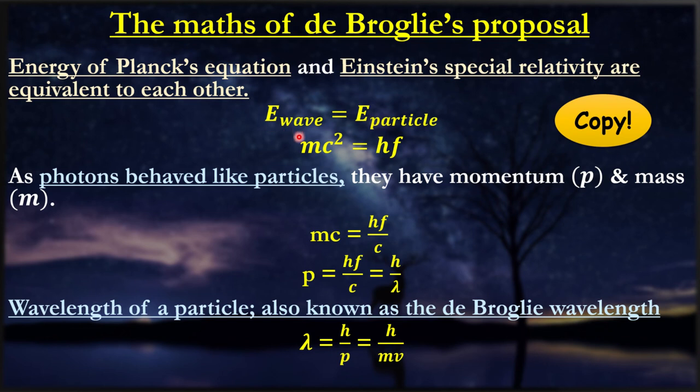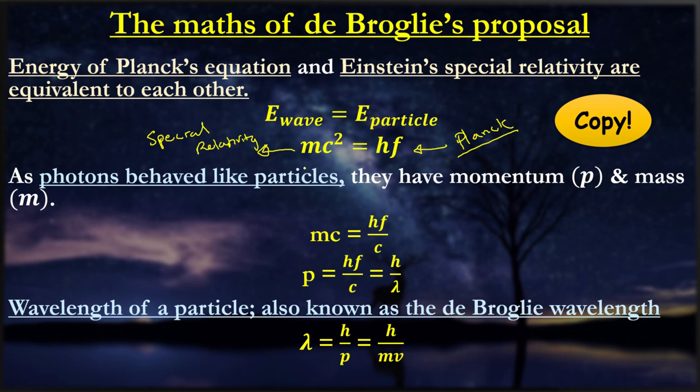What we can see here is the energy of a wave and the energy of the particle. So mc squared comes from the special relativity formula, and we also get Planck's equation.